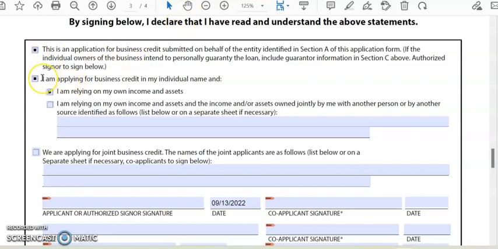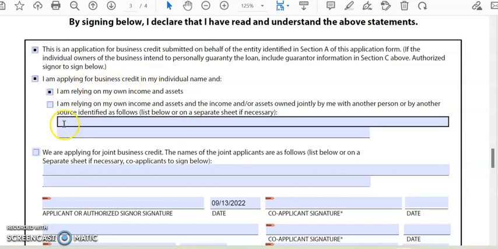Next I'm going to look at: am I applying for business credit in my individual name, relying on my own income and assets as the owner of the business, or am I relying on my own income or assets and the income or assets jointly held with the other person I'm applying with?